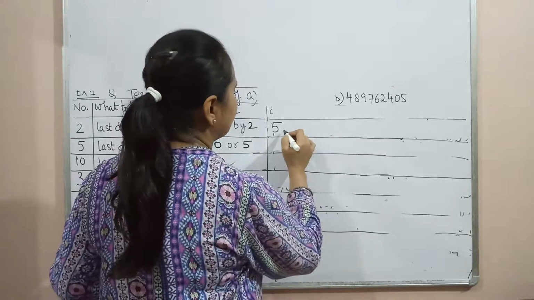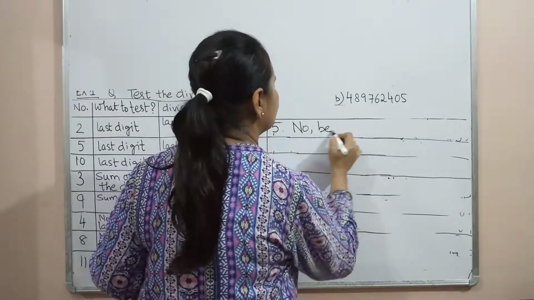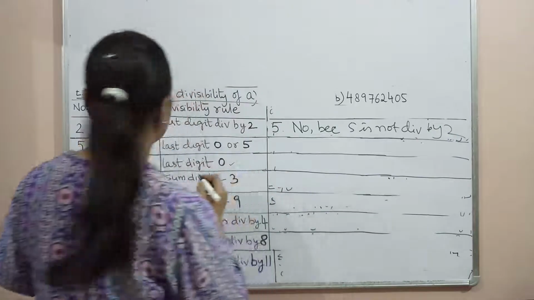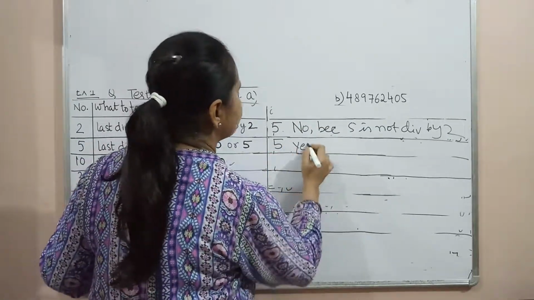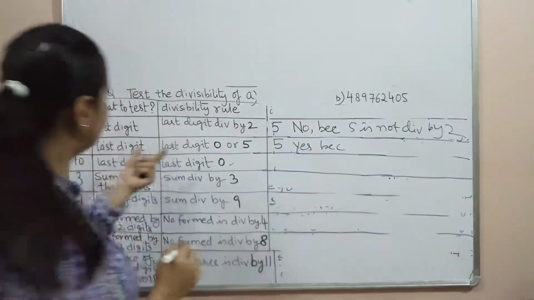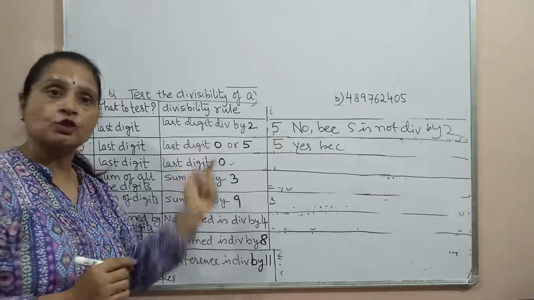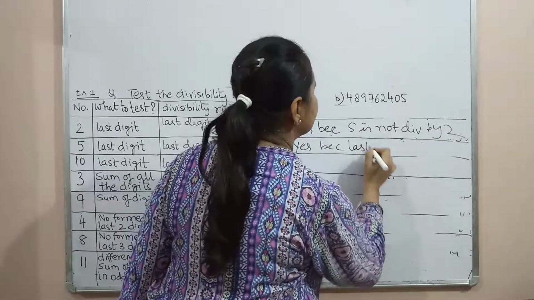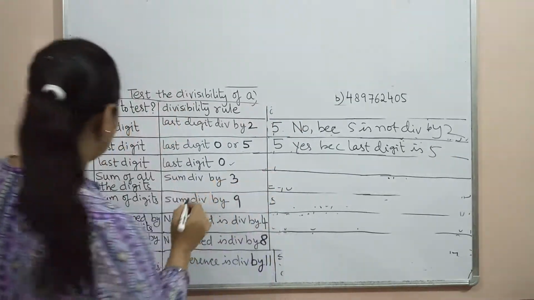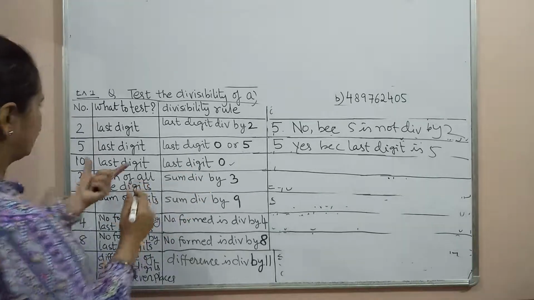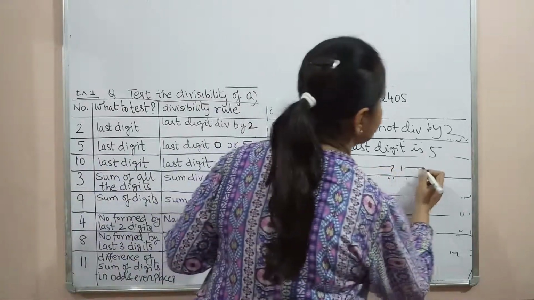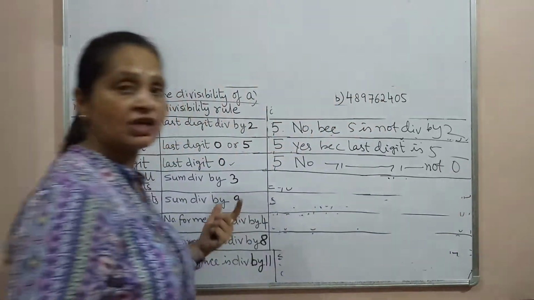Alright, and 5 is not divisible, that means it is no, because 5 is not divisible by 2. Second we took, again this is 5, it is yes, because the last digit, what do we need to test? What is the rule? The last digit should be 0 or 5, because the last digit is 5. Now let us take again 10, for which you have to take the last digit. The last digit is 5. It is no, because the last digit is not 0. It should be 0 only, okay?